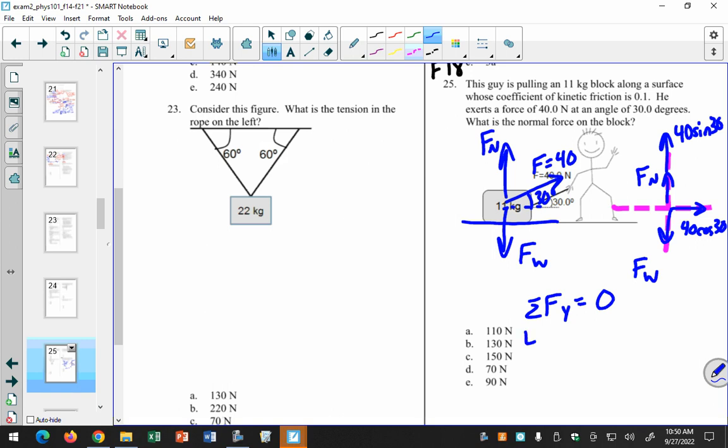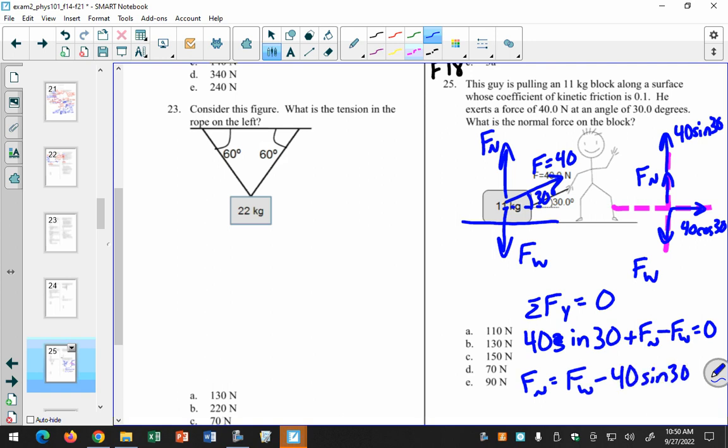So I have 40 sine 30 plus Fn minus Fw is equal to 0. If I want to solve for Fn, it's equal to Fw minus 40 sine 30. And what was Fw? 110 minus 20, that's equal to 90 newtons. So 90 is the right answer.